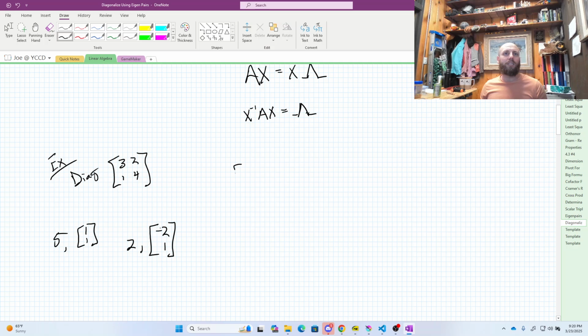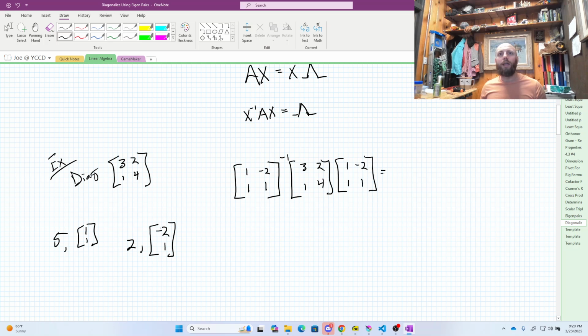So the way I'm going to diagonalize this matrix is I'm going to put 1, 1, negative 2, 1, inverted, times 3, 2, 1, 4, times 1, 1, negative 2, 1. And this is going to give me the diagonal matrix. Here's the only part of this that's hard.